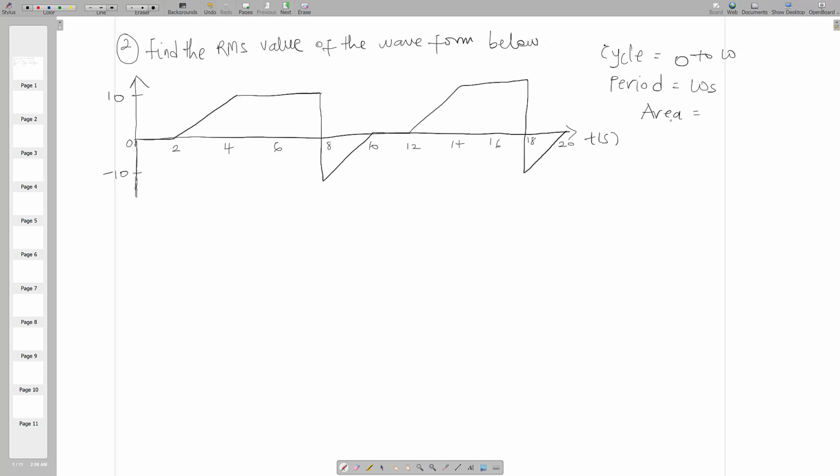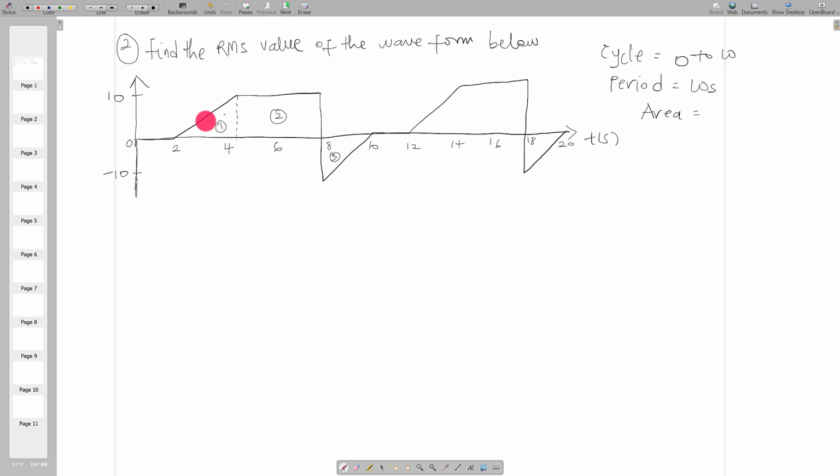And the next step is to find the area of the cycle. So let's see. In the cycle, I can see that we have a sawtooth here, that is 1, a square wave here, that is 2, and another sawtooth here, that is 3. So that means we have 2 sawtooth, that is this one and this one over here.